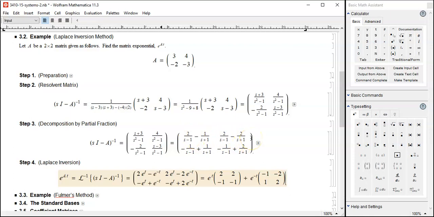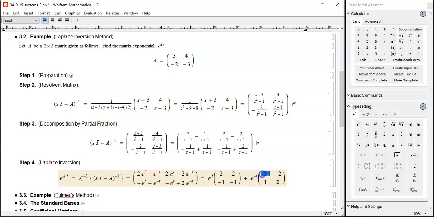And then we have appropriate coefficients here. So for each component, we have a linear combination with e to the t power and e to the negative t power. So we can separate those for each component.